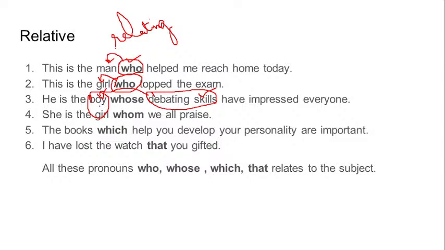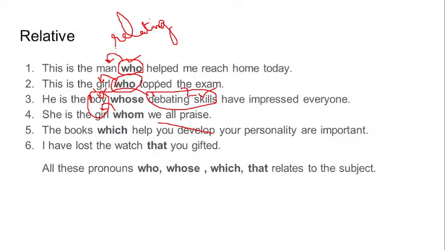But in the next one, it's a different thing. "She is the girl whom we all praise." Who do we praise? We praise this girl. So the praise is related to that. There is a slight point of difference between the use of whose and whom, which I'll be speaking about a little. "He is the boy whose debating skills have impressed everyone." Concentrate on boy, number one, and debating skills, number two.